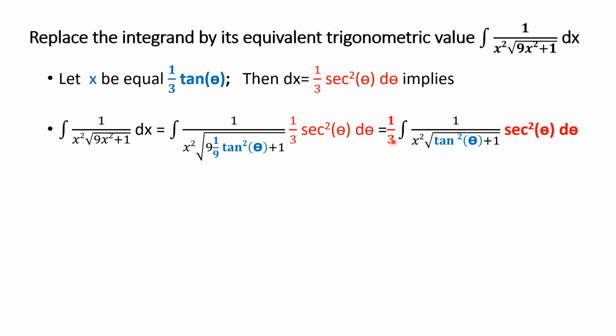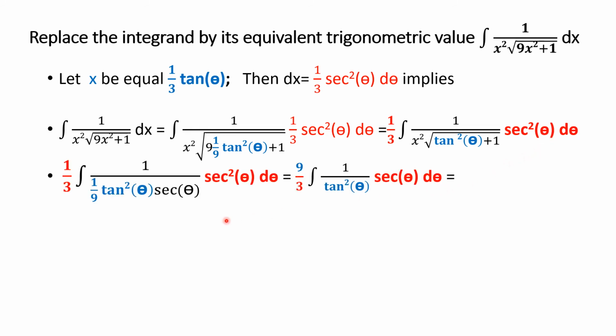So we have 1 over 3 and then 1 divided by x square, square root of tan square theta plus 1, multiplied by, this is part of the dx equivalent, because the 1 over 3 we move to the left of the integration. So what's remaining in red is from the equivalent of dx. Let's move on to the next step.